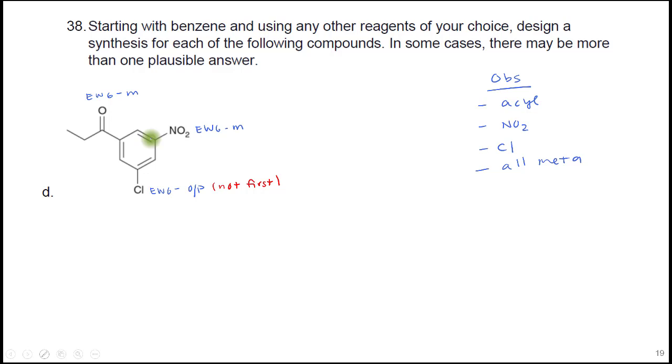and the only thing that we want to do is use this one first, and that is because once we put the nitro group on, we won't be able to add the Friedel-Crafts reaction or add the reagent there, so we want to add our carbons first.